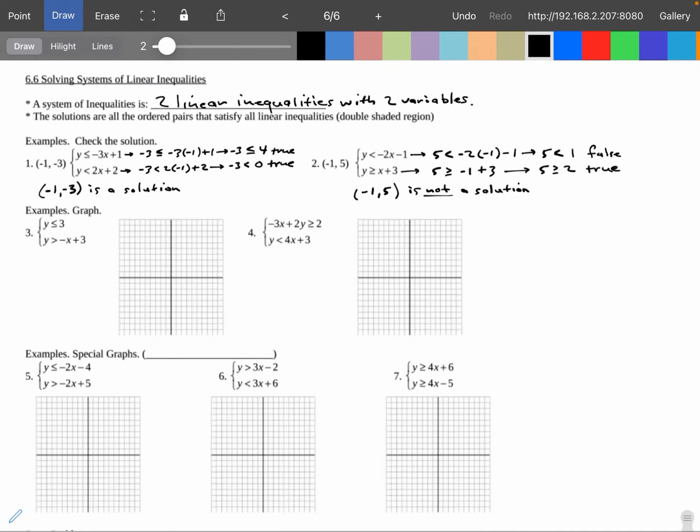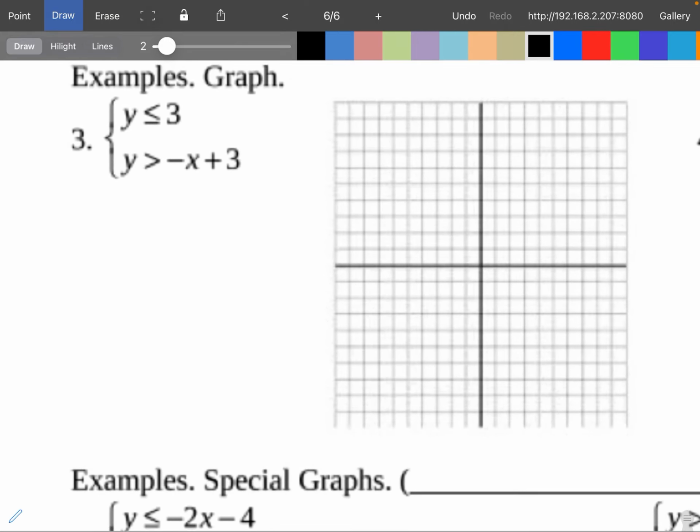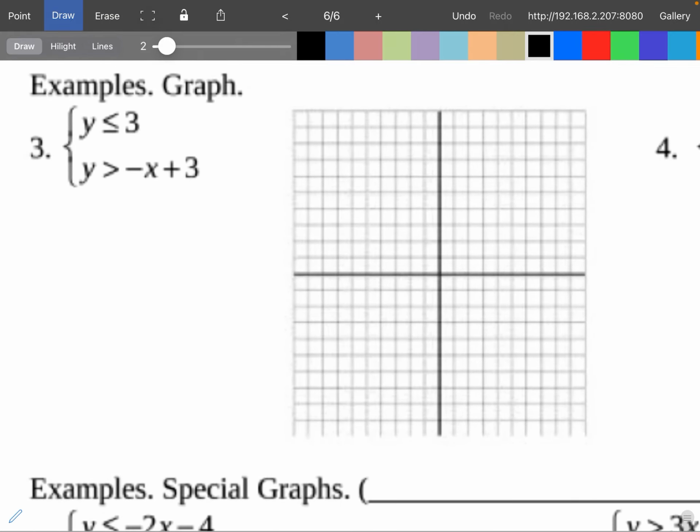So this point then is not a solution. So negative 1 comma 5 is not a solution. And again, in the homework, you just write yes or no. Either yes, it's a solution, or no, it's not. You guys good so far?